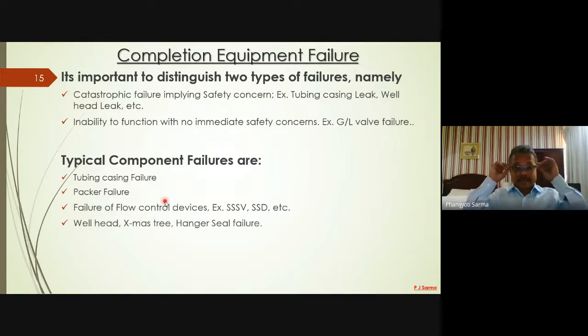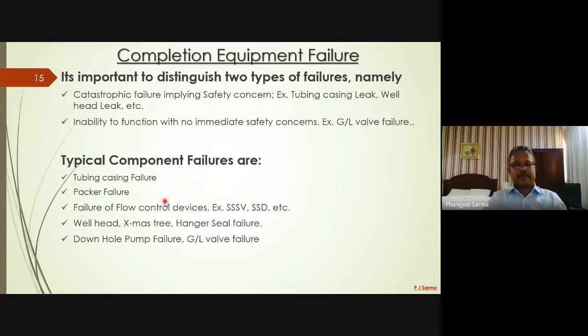Wellhead and Christmas tree. Sometimes the wellhead is having a failure, it is having a leak, or it is getting corroded. The Christmas tree needs to be repaired or replaced. Sometimes the hanger seal gets damaged. Then in case of artificial lift systems, there are various types of artificial lift. It could be a downhole pump failure, so you need a workover.